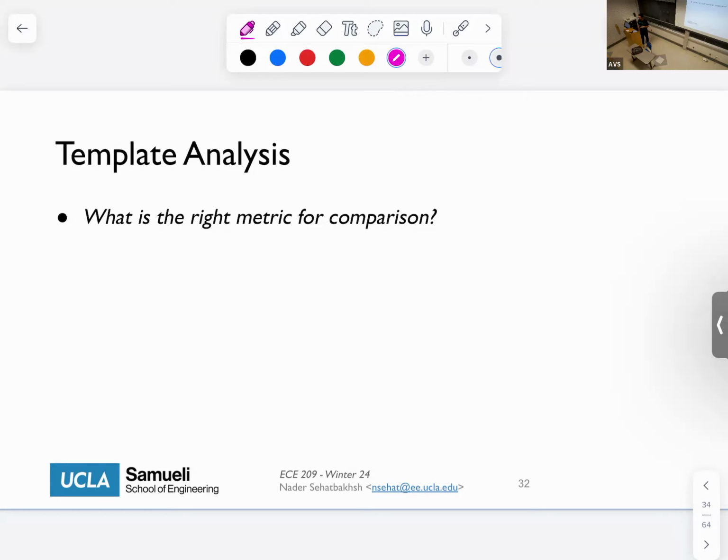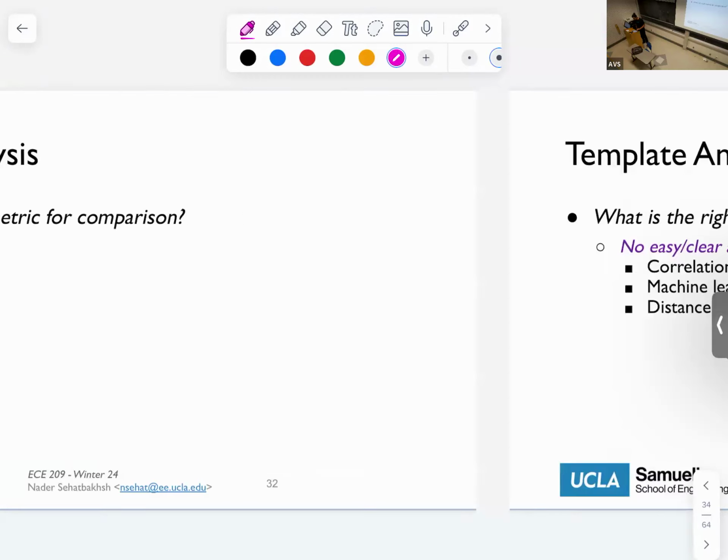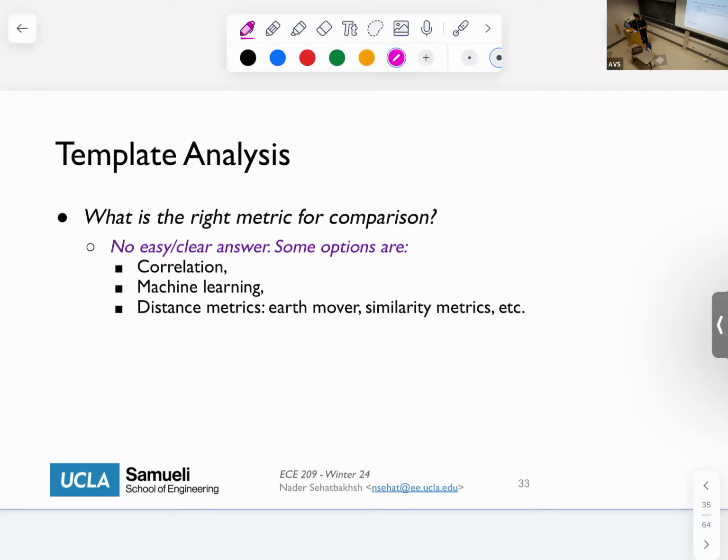Next week, when we are actually presenting some of these papers, you will see some of these things in the paper presentations, but generally there is no specific answer to this, okay? You can use correlation, you can use general machine learning, you can use some distance metric, similarities, you can use all of these.